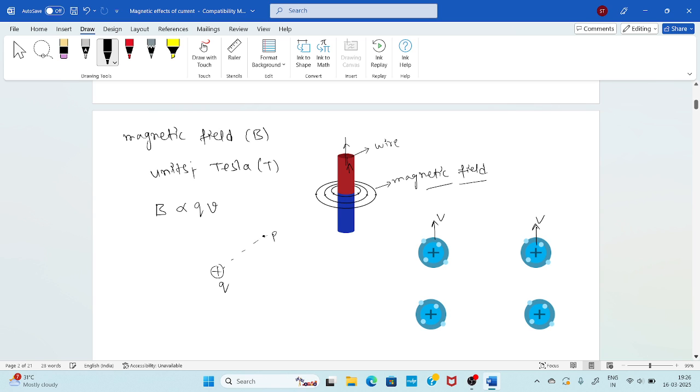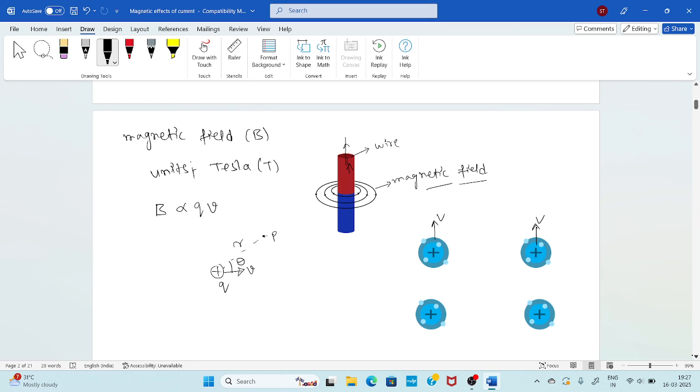The distance between these two is R. The charge is moving with velocity V. The angle between the charge's velocity and the line to point P is theta. Whenever I change the angle, I change the magnetic field, so the magnetic field depends upon the angle also.